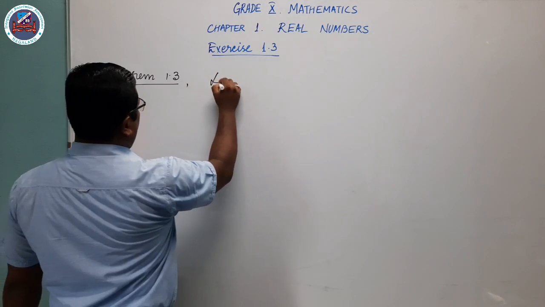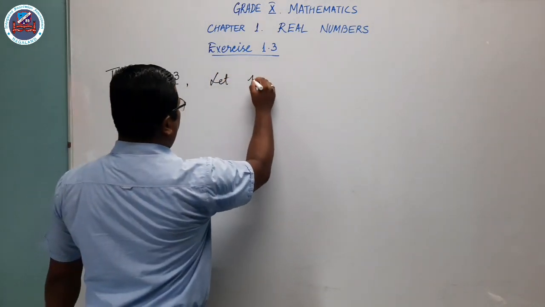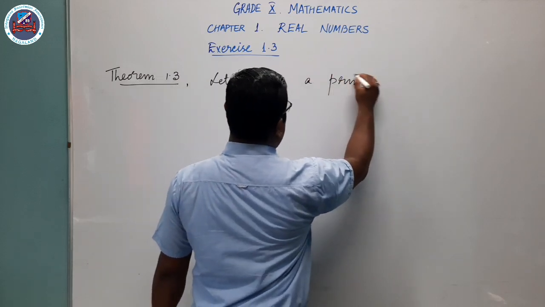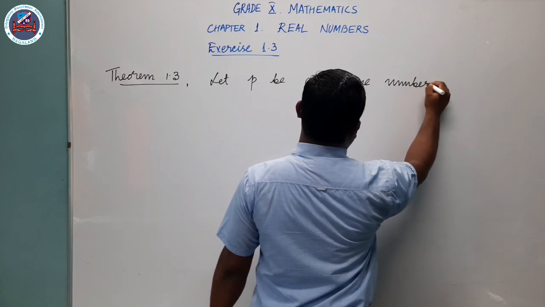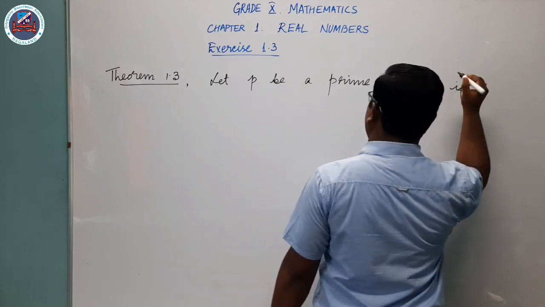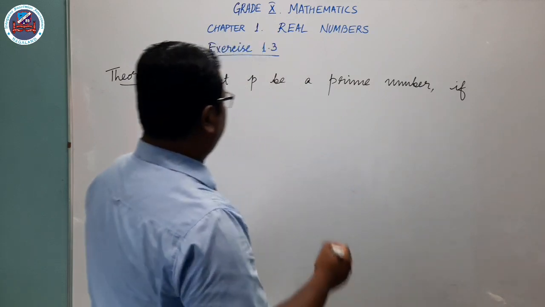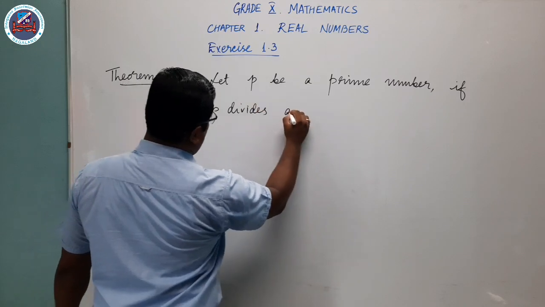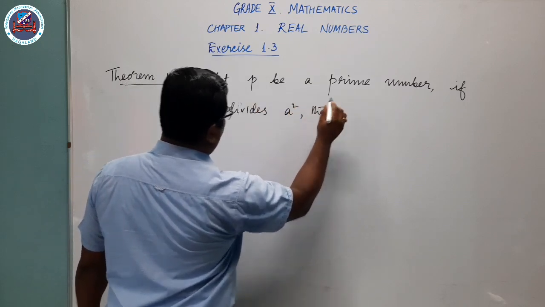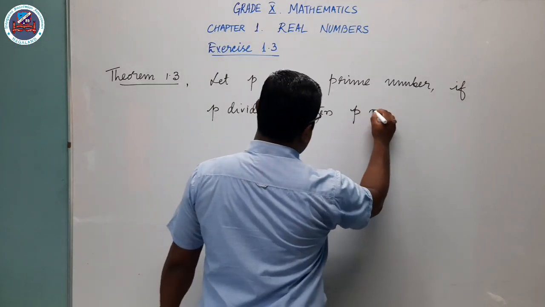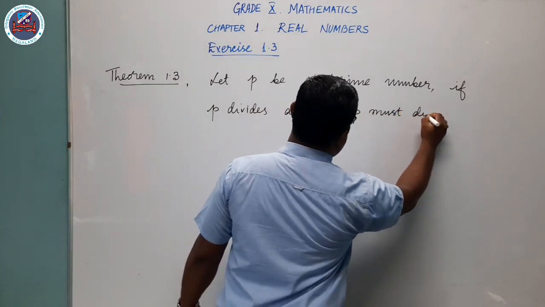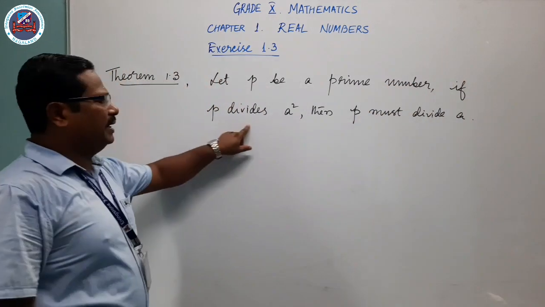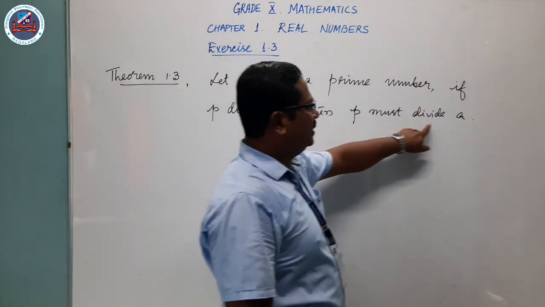The theorem says: let P be a prime number, if P divides A square, then P must divide A as well.